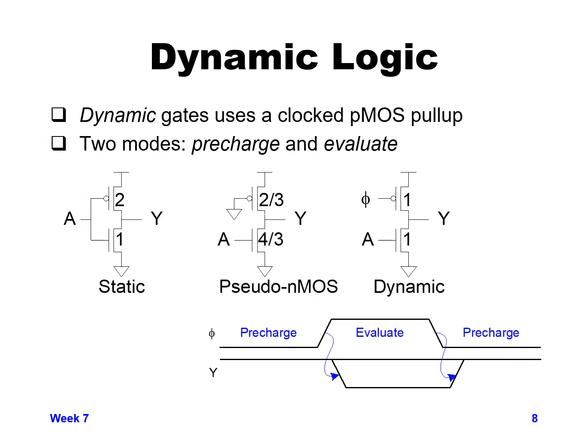So the next logic family we're going to go into is dynamic logic, which is also called domino logic. And this is similar in some fashion to pseudo NMOS. In pseudo NMOS, we have a PMOS device that is always tied on.